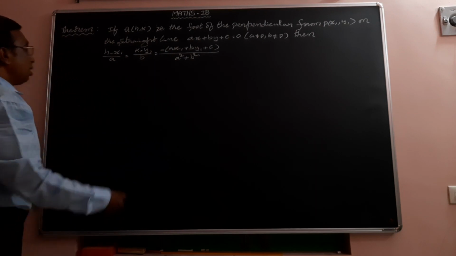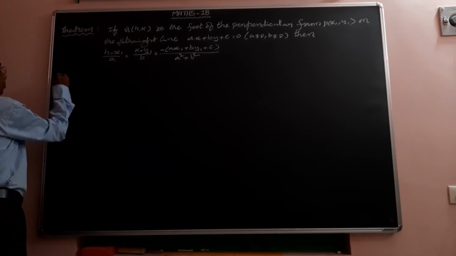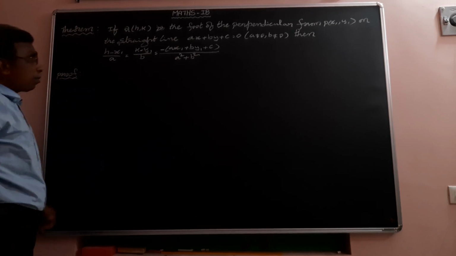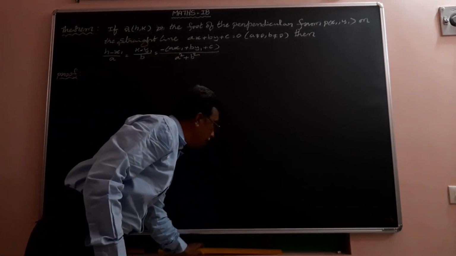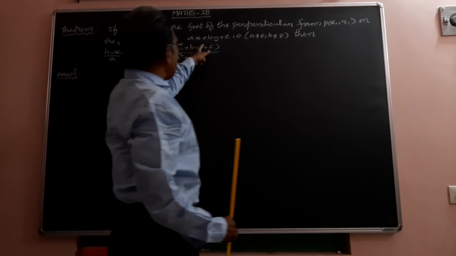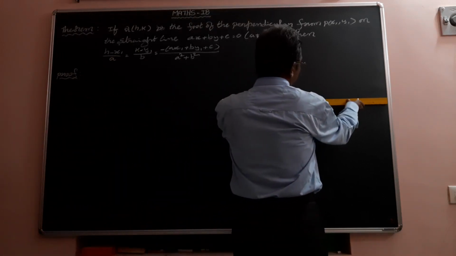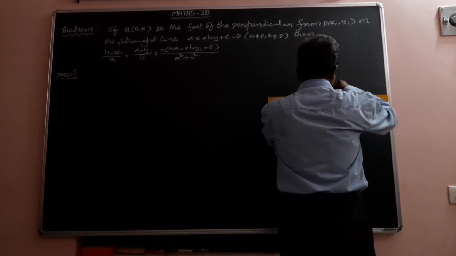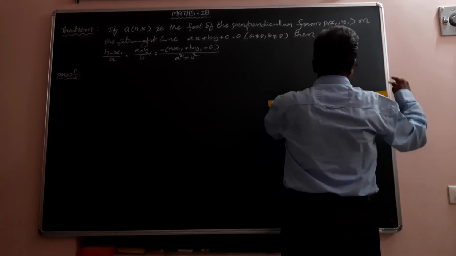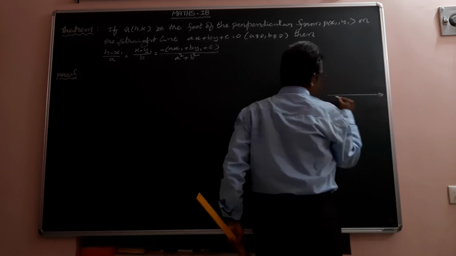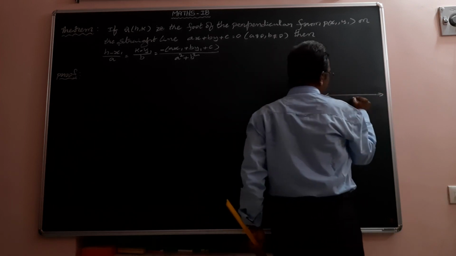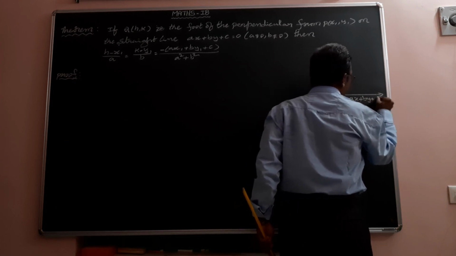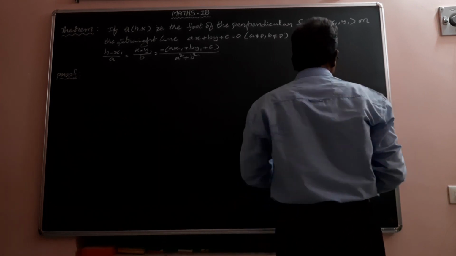First of all, now start the proof. First of all, draw a diagram. First of all, draw a straight line. This is a straight line, ax plus by plus c equal to 0.